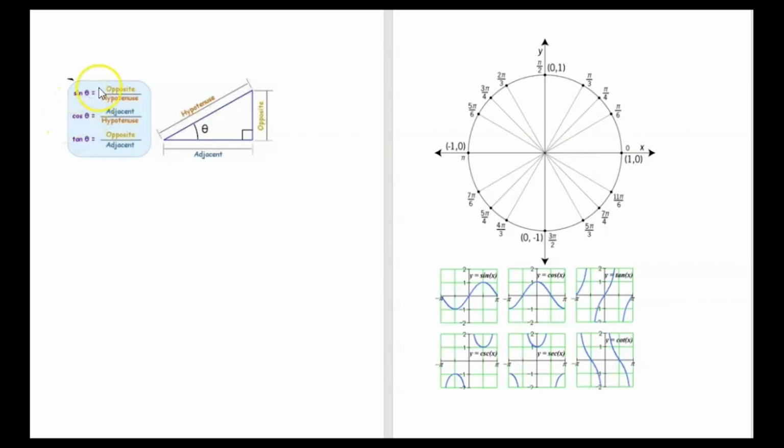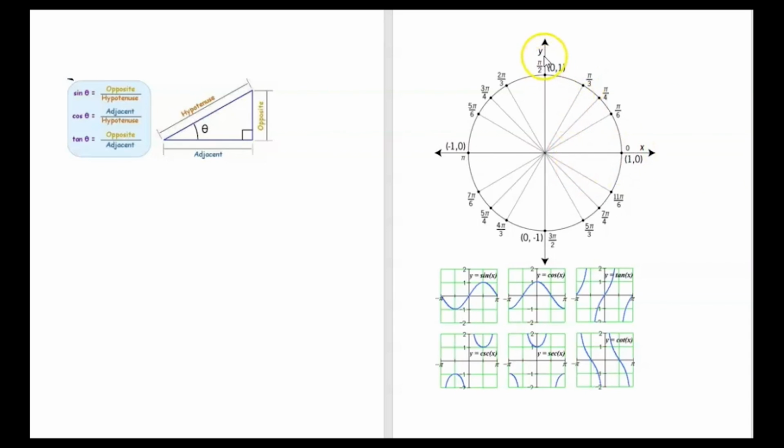For sine, it's going to be a little different, but pretty close. So sine is going to be all the y values. So if you're going to look at the y value, for instance, of 0 degrees, that's going to be 0 over the radius, which is 1. So that's going to be 0 because there's no y value here.